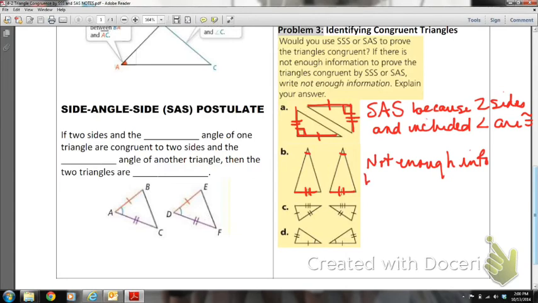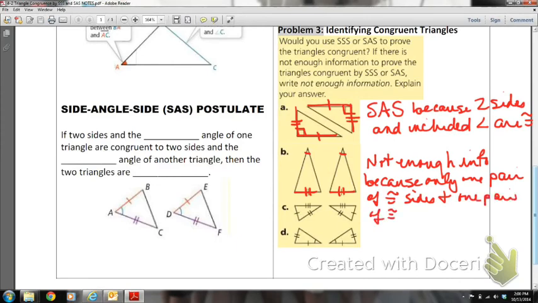because there's only one pair of sides that are congruent and one pair of congruent angles, and that's not enough information.